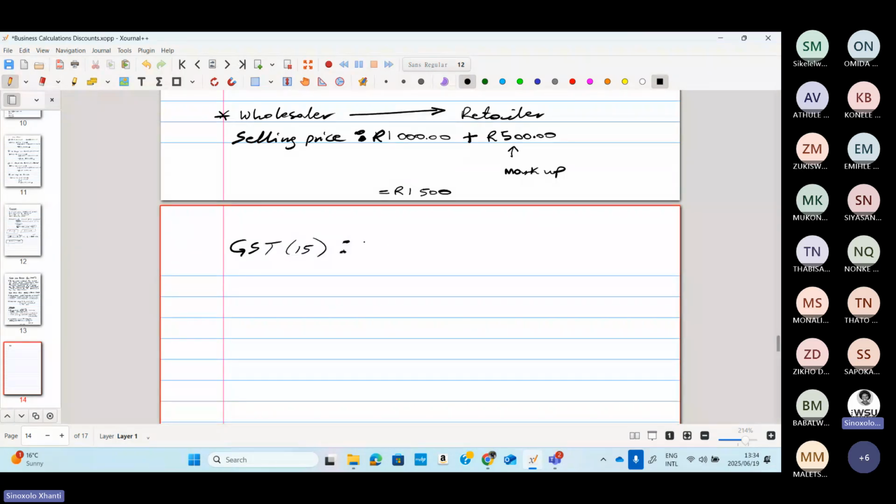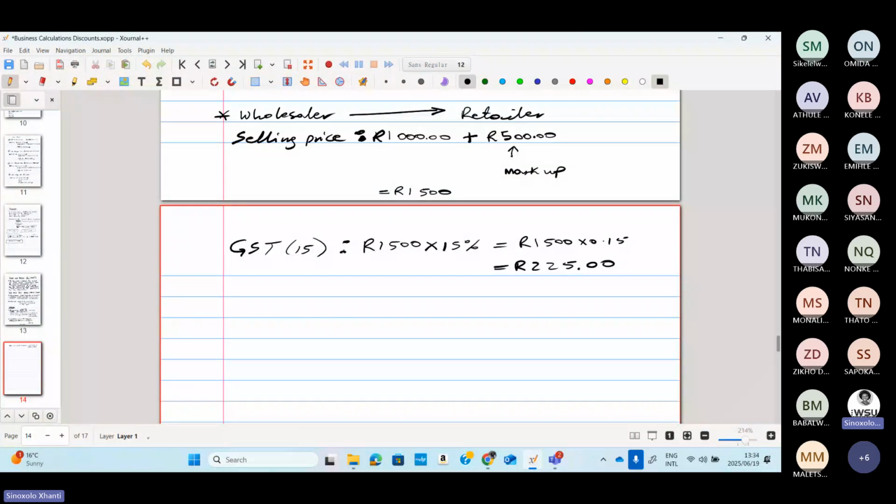So this one is going to be 1,500 that will be charged to the wholesaler, times 15% or 0.15. So this is simply R1,500 times 0.15, which is the same as, let me take my calculator there, I think it's going to be R225.